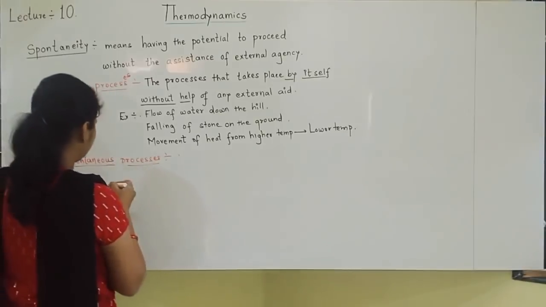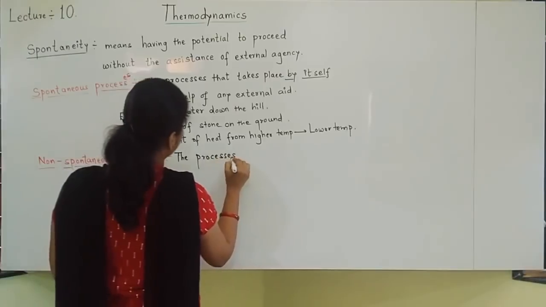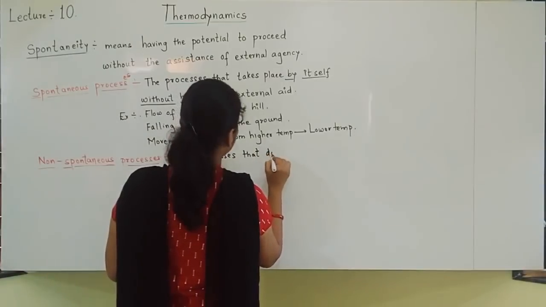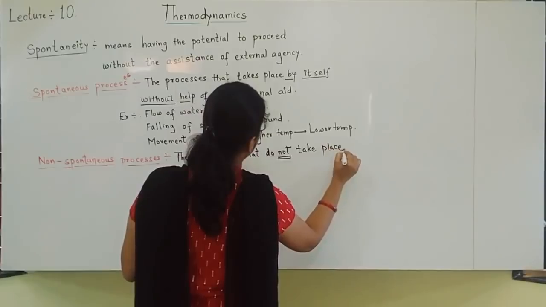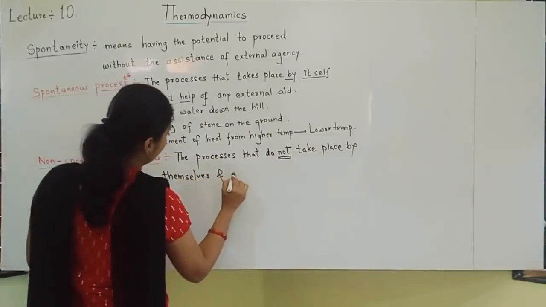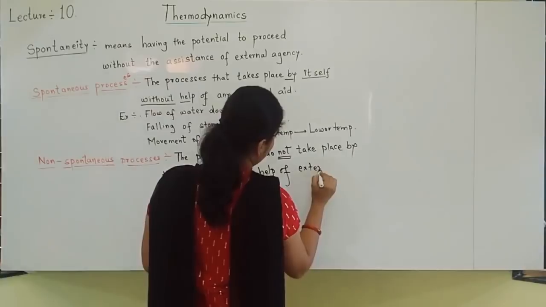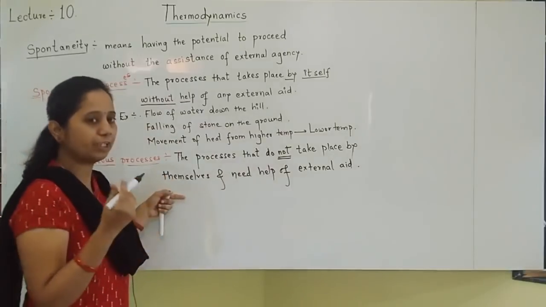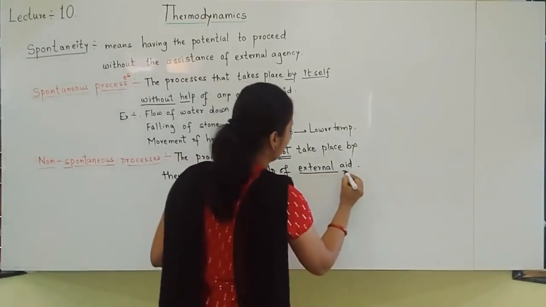How can you define non-spontaneous processes? Of course, opposite of this, just write down that the processes that do not take place by themselves, on itself they don't take place, and they need the assistance, they need help of external agency or external aid.